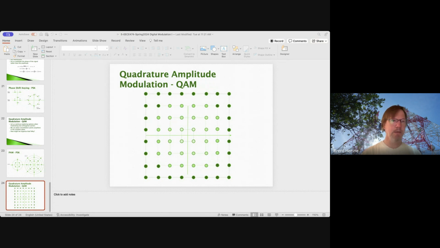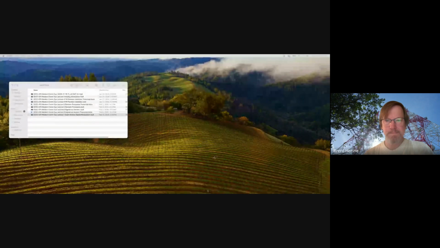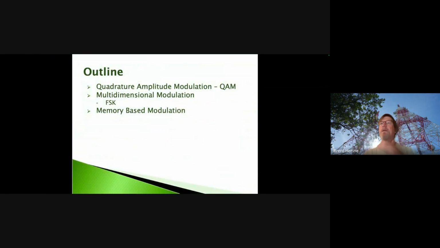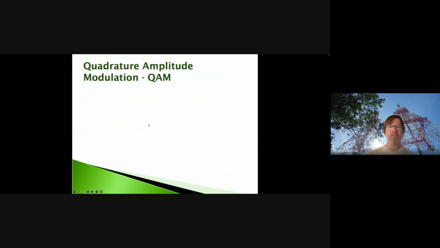So, all right, and I actually probably have to, let me just share my whole screen. All right, making sure we're in the right lecture here. Okay, so we'll look at QAM, and then maybe we'll get to FSK and some memory-based modulation.